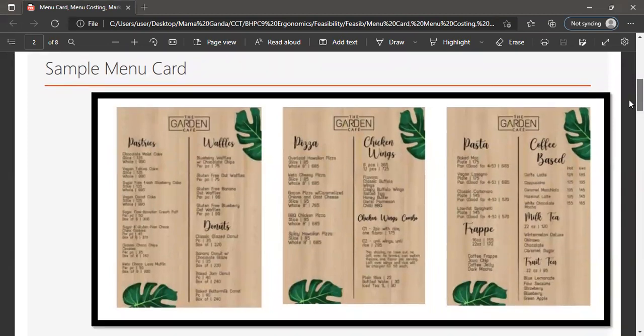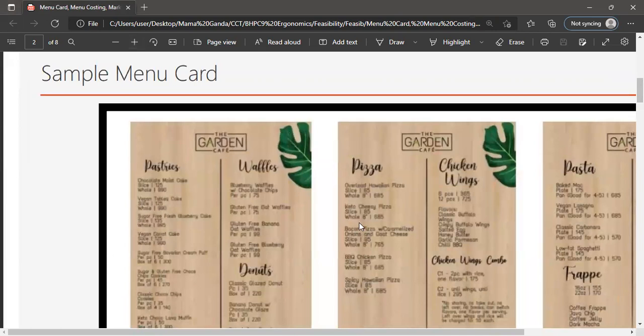So you always need to match the design, the background, and the composition of your menu card to the theme of your establishment, based on the concept that you proposed. Also, one of the things you need to remember in doing a menu card is to make the text readable for the potential customers.